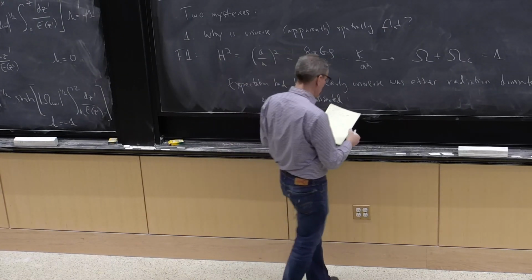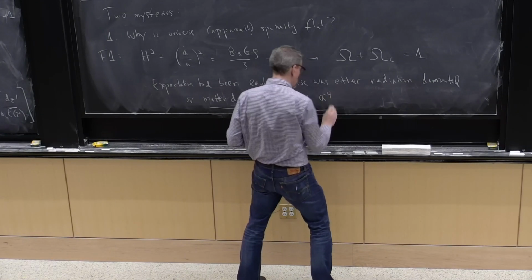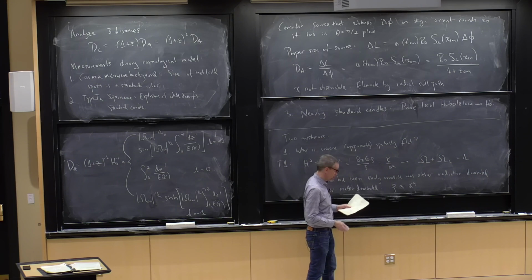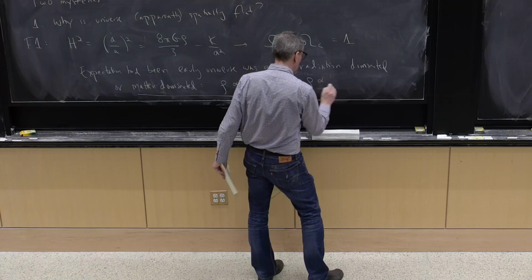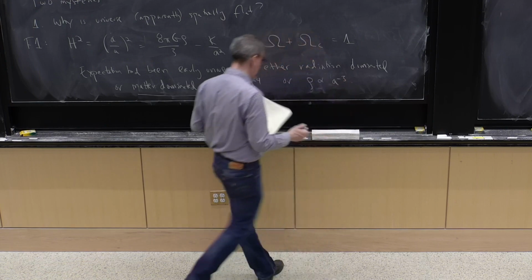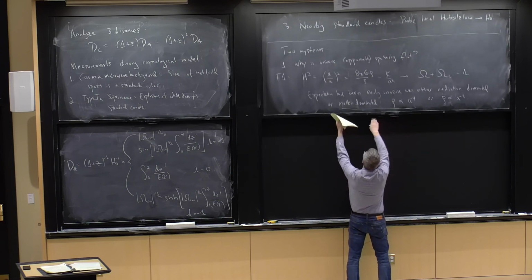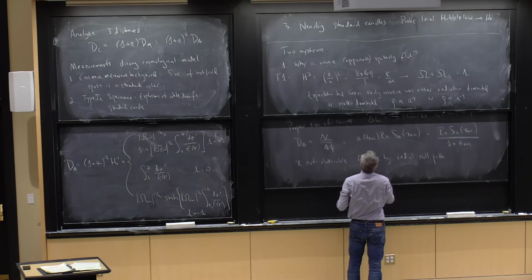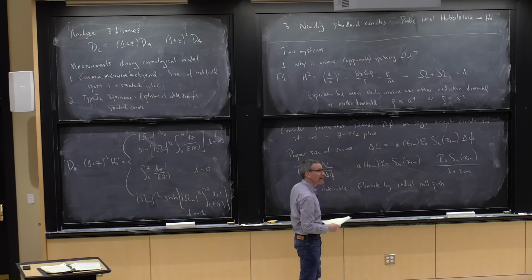So if it was radiation dominated, you would expect the density to go as a to the minus 4. And if it's matter dominated, you expect it to go as a to the minus 3. Now, your curvature density goes as a to the minus 2.